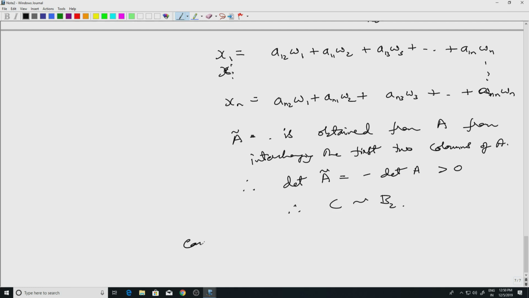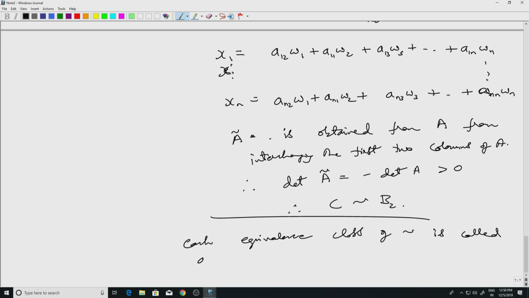That completes that. Each equivalence class is called an orientation of V.